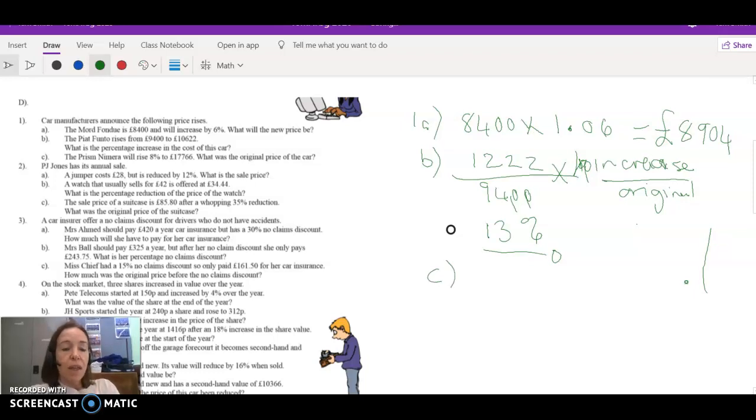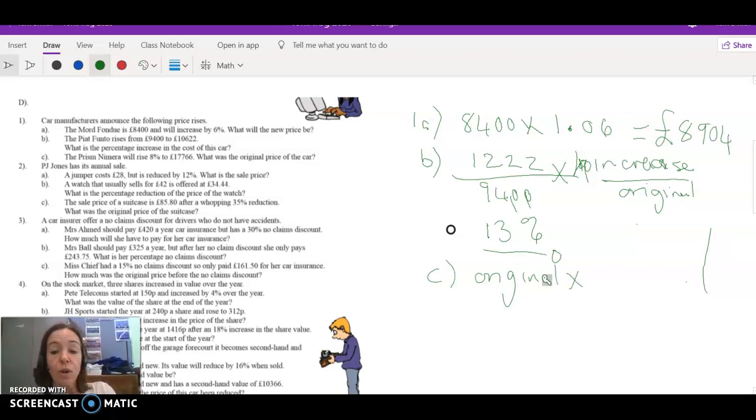C, the Prism Nemera will rise 8% to £17,766. What was the original price of the car? So if it will rise 8%, in other words, I don't know what the original is.